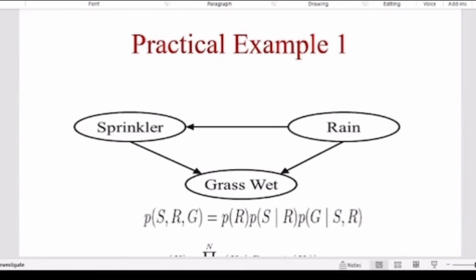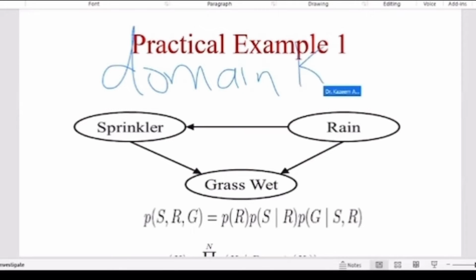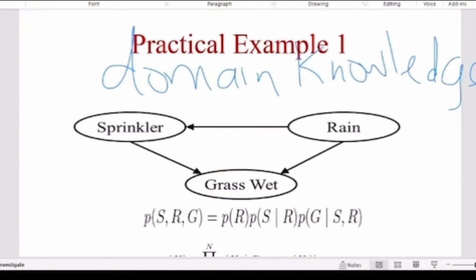We use domain knowledge, or you could say expert knowledge, to draw the graph, from an expert who understands the relationships. If you want to do this in economics, maybe you want to draw a graphical structure for economic variables, then you need the expert knowledge of those who understand economic relationships. Wherever you want to apply this, you need expert knowledge.